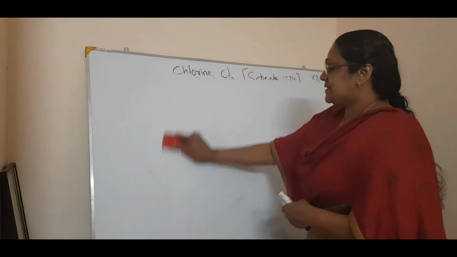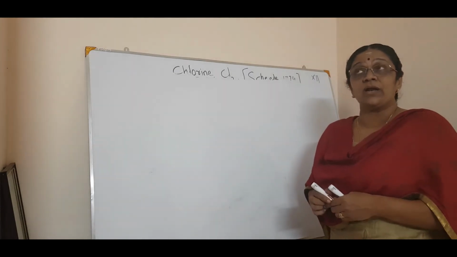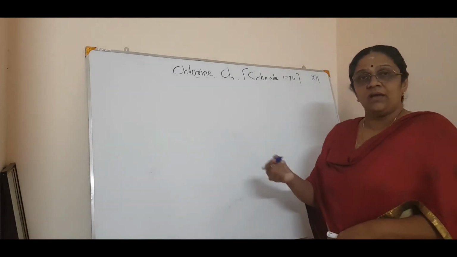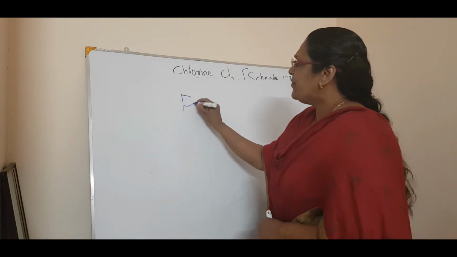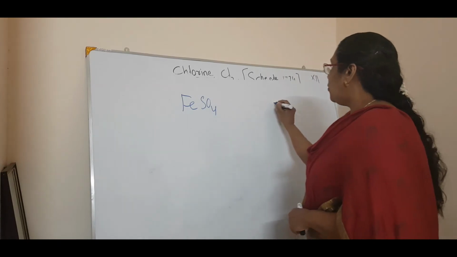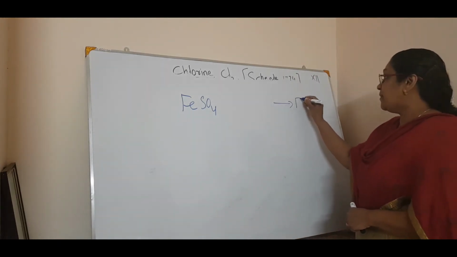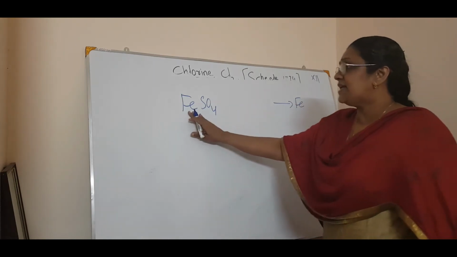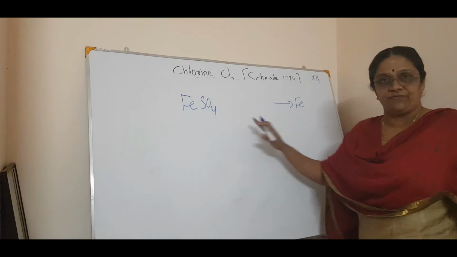Just listen carefully to how you give a reaction for the oxidizing property of chlorine. It mostly oxidizes ferrous sulfate, FeSO4, to ferric sulfate.